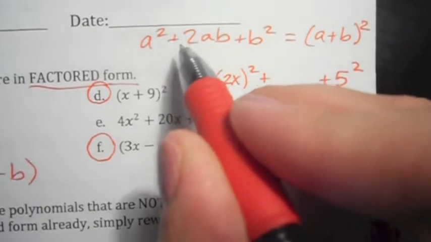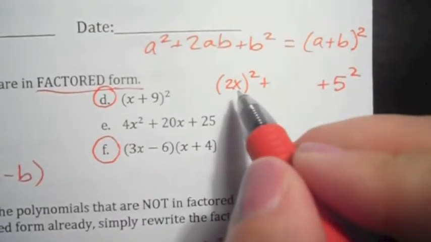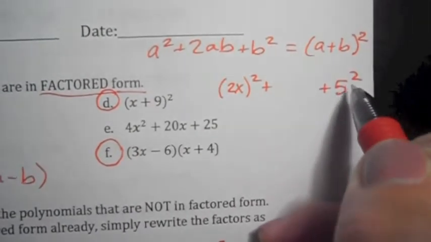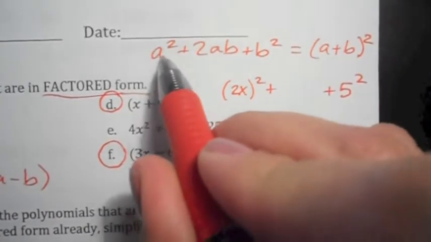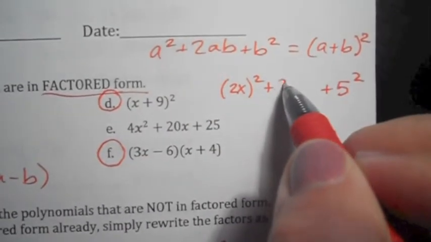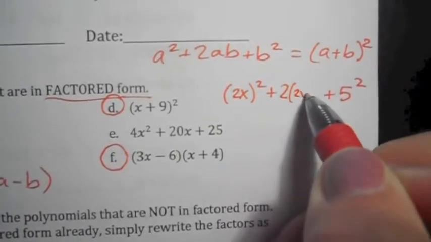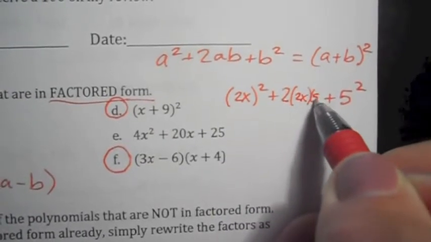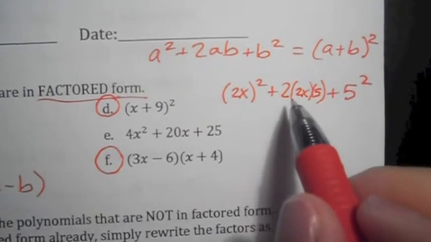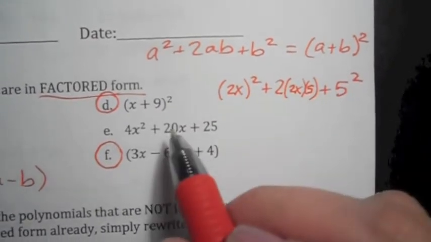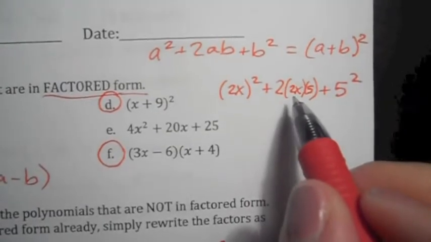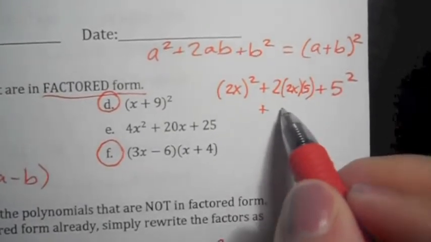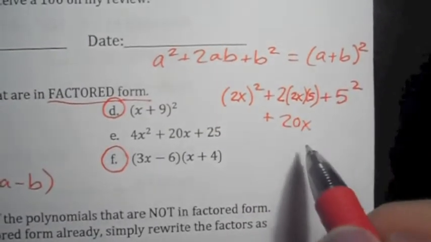So we need to have something squared, we'll call it a, something squared, we'll call it b, and in the middle it's supposed to be 2 times a times b. So 2 times 2x times 5. Is that 20x? 2 times 2x would be 4x. 4x times 5. That is 20x.